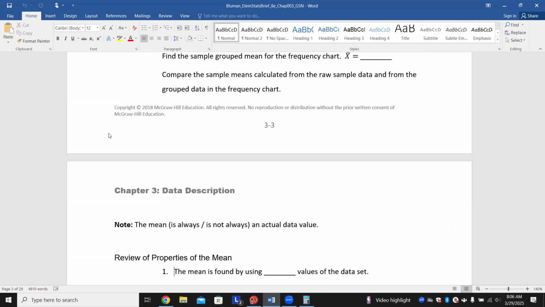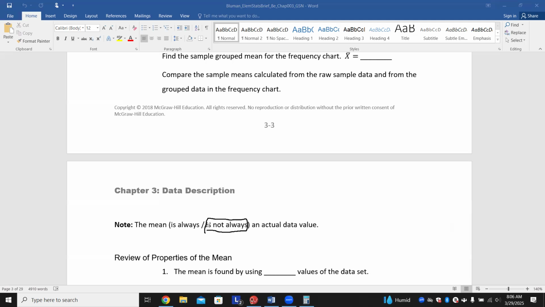And what that basically is stating there, the mean can sometimes be an actual value, and it cannot always be the actual data value, depending on how large your sample is compared to how large your population is. So, in my opinion, it is more accurate to say the mean is not always the actual data value. All right.